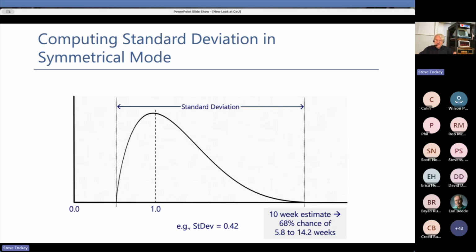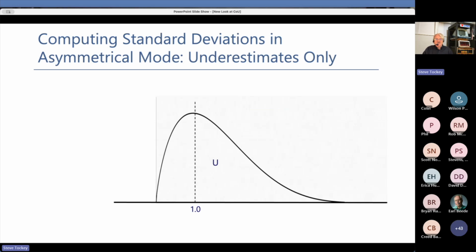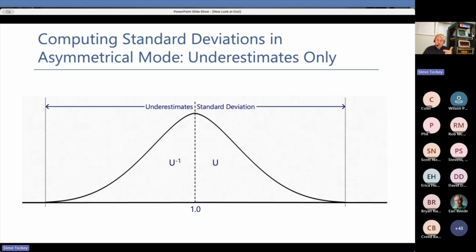So to get around that, the decision was, tell you what, let's start with this beta distribution, and I'm talking about this asymmetric mode that you're going to see demoed in the tool. Now, what we'll do is ignore all the overestimates for a moment. Let's just take the underestimates, mirror image them, and then do the standard deviation across that whole range.